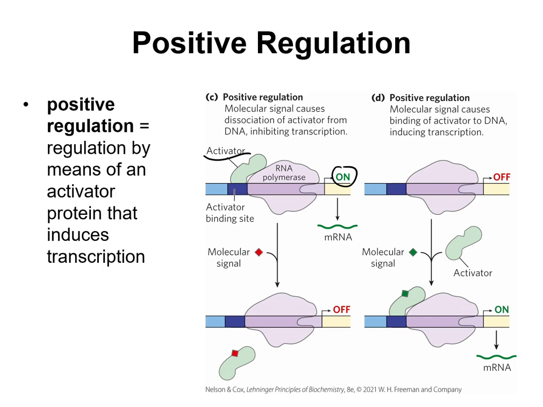We have to have a way of turning this gene off because it may not be something that we want to continually express. In comes a molecular signal, binds to the activator, releases the promoter region or its activator binding site. And now this RNA polymerase is no longer stable.